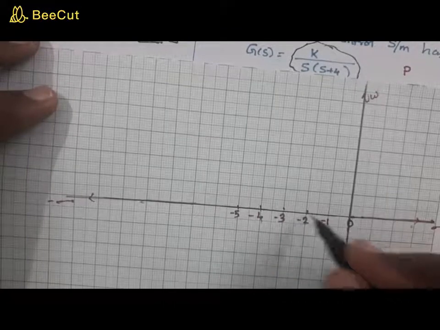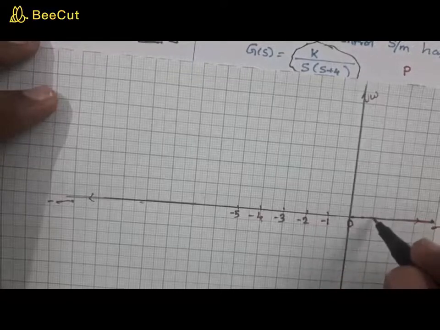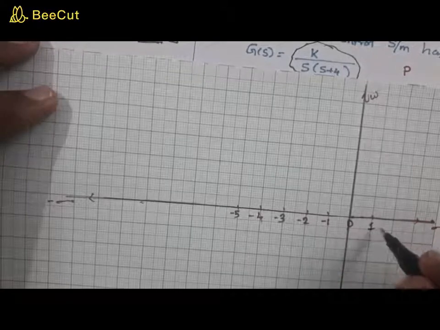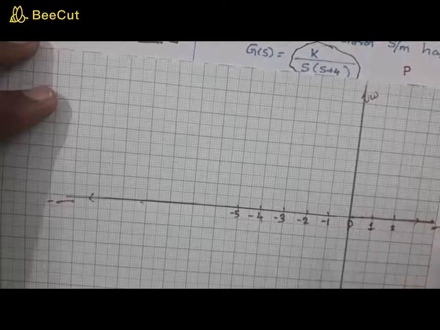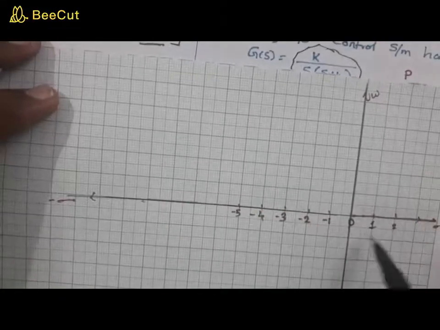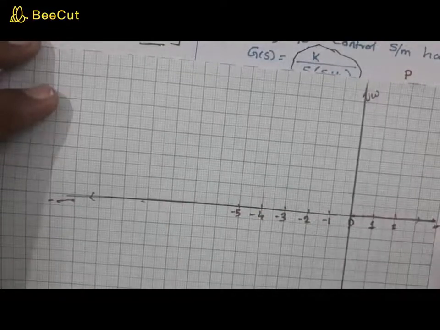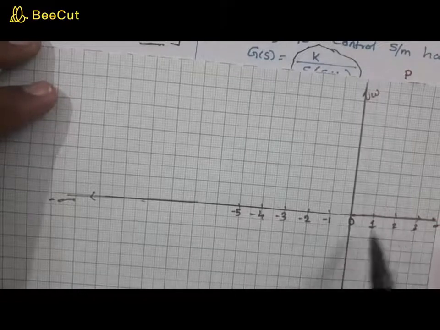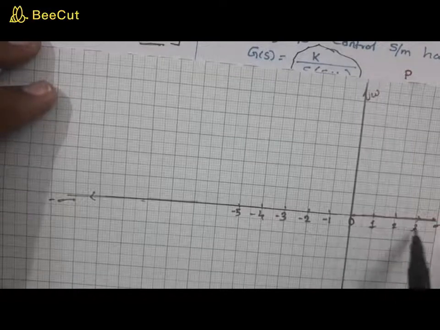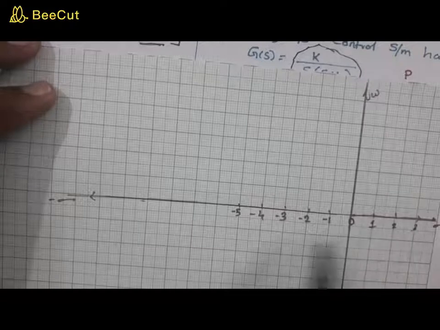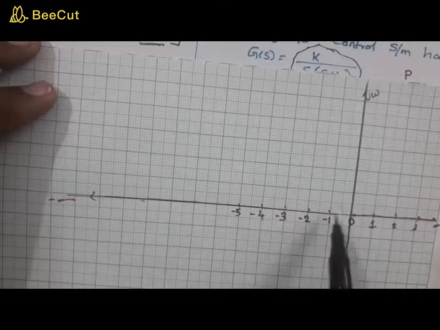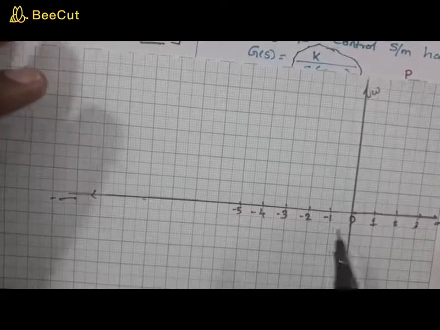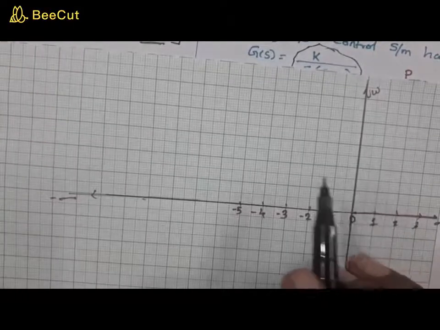In the positive direction you just mark 2, 3 and so on; for this problem you don't require it. These are the real terms. These are the areas where the real term is positive, these are the areas where the real term is negative, and we want the system to have its root locus always on this half.